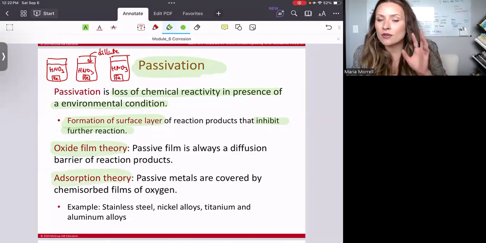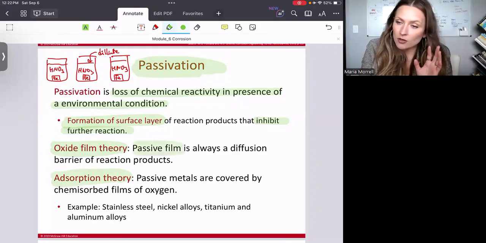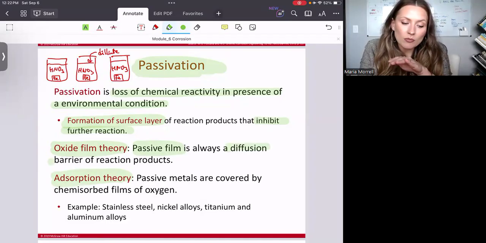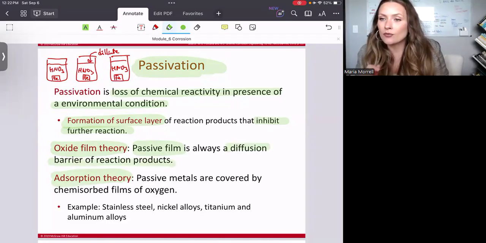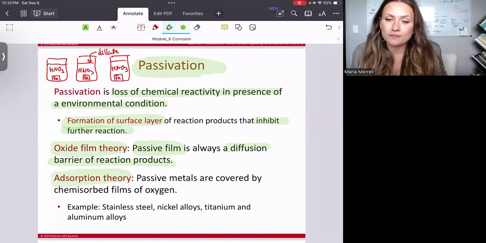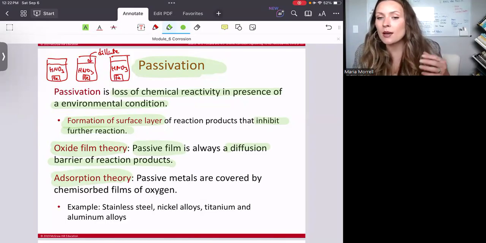In the oxide film theory, basically the idea is that there is a passive film, and that passive film serves as a diffusion barrier for the corrosion to occur. And that passive film is considered to be made out of the reaction products.